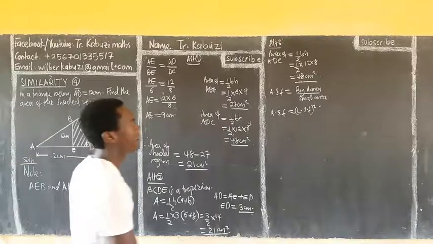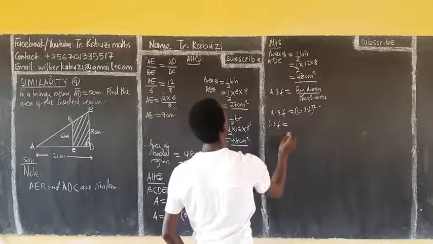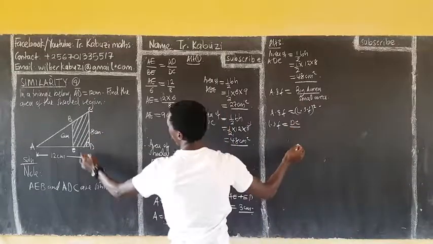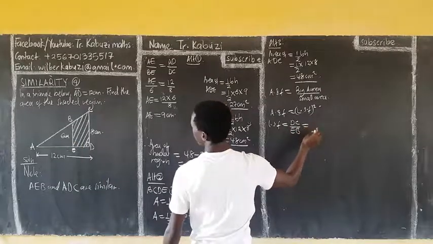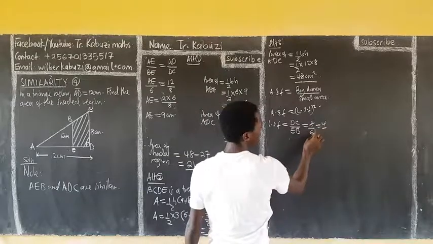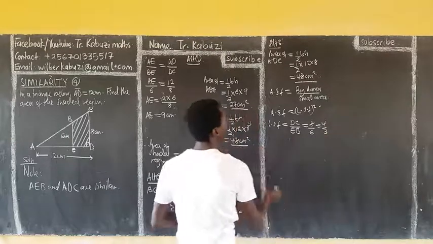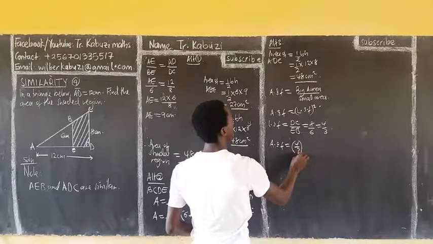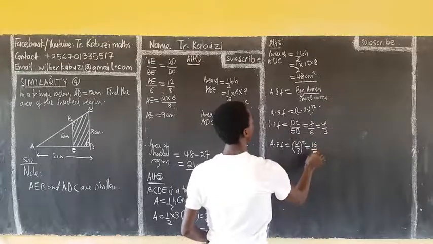So my linear factor is equal to DC over BE, which will be 8 over 6, which will be 4 over 3. Meaning that now my area scale factor is going to be 4 over 3 the whole squared, which is going to give us 16 over 9.